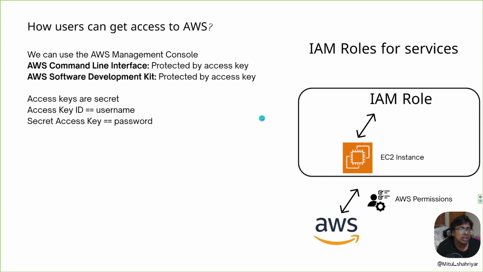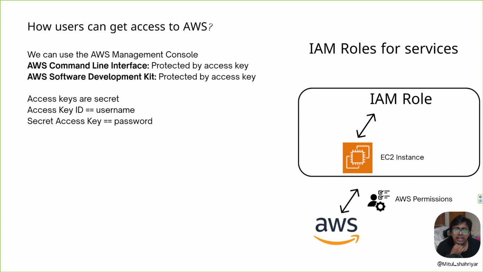Now talking about IAM roles for services, here you can see an EC2 instance. We haven't worked with EC2 instances so far, but we may work on them in later videos.